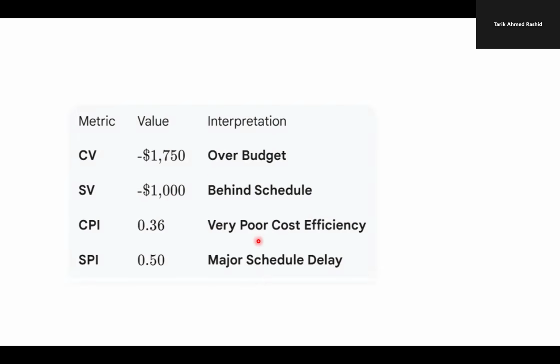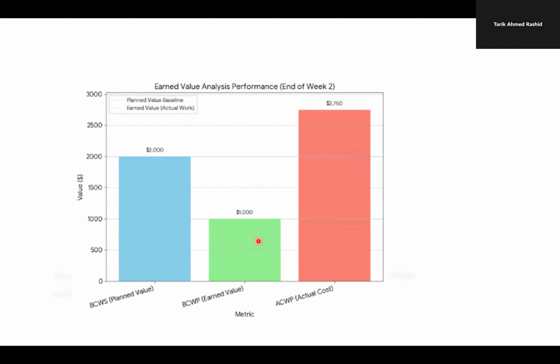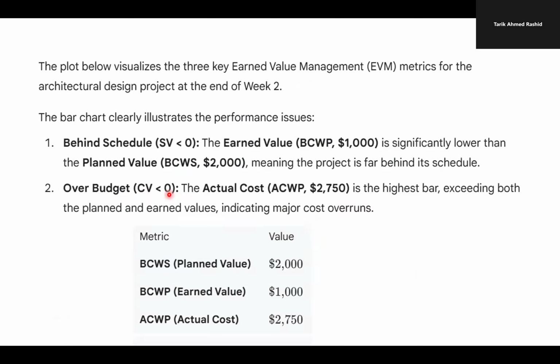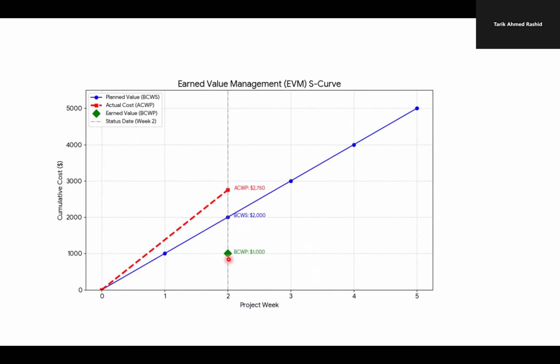And now, that's the actual cost spent for one task, and this is the budget cost for one task, but we did only one task. We should have done two tasks. So we did only this part of the budget cost, but we should have done two tasks, 2,000.